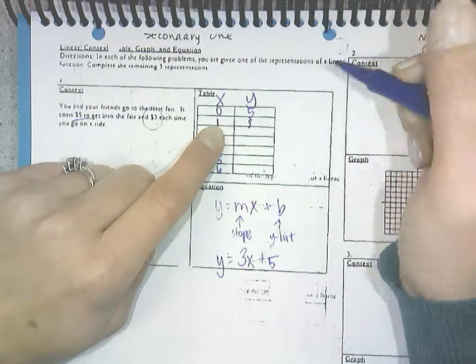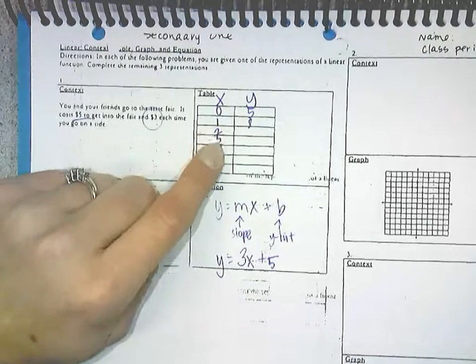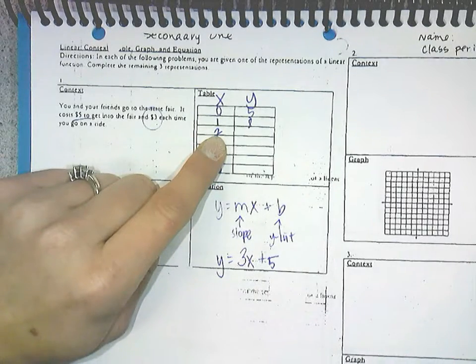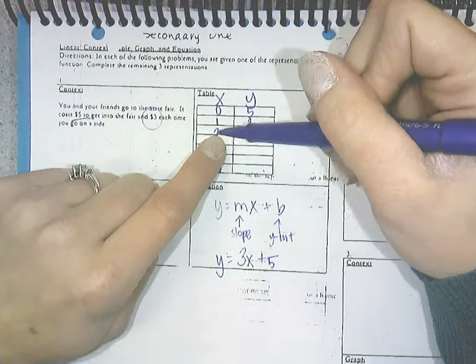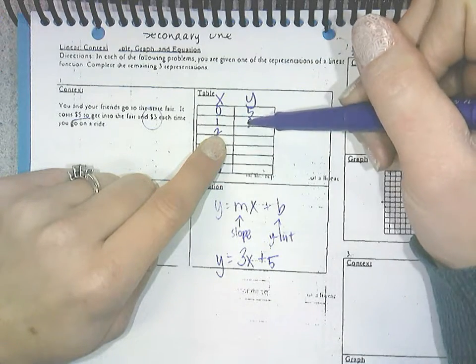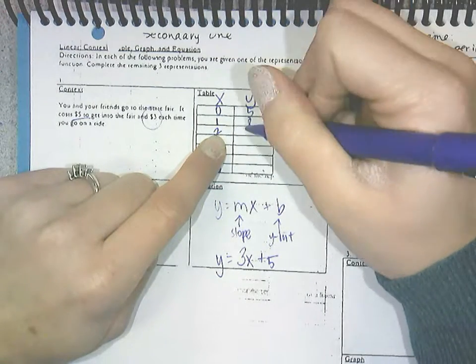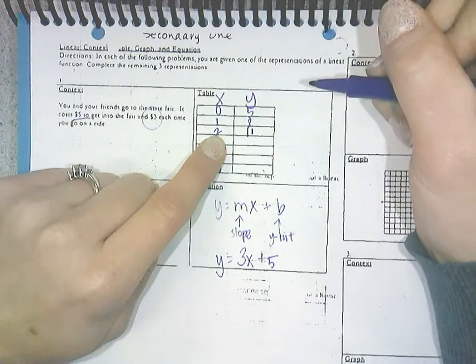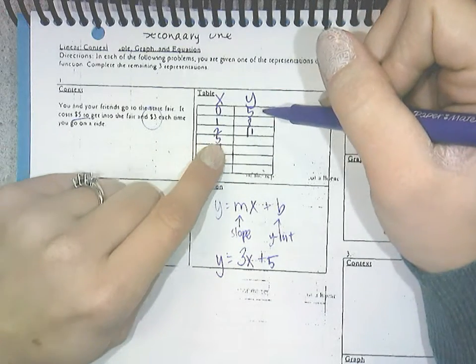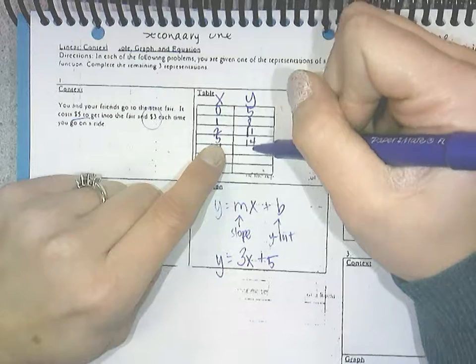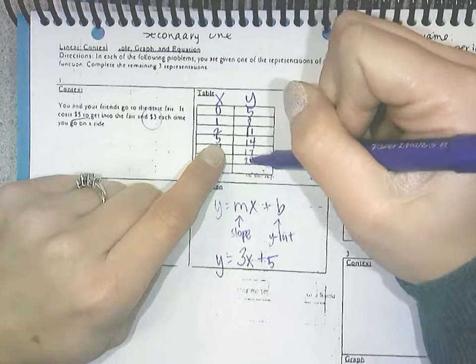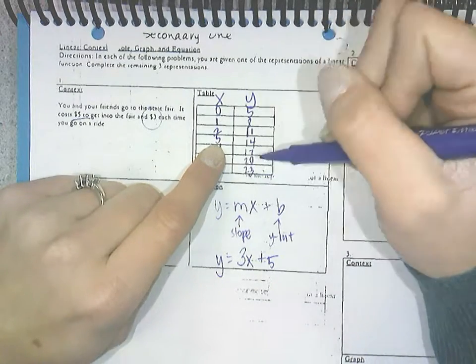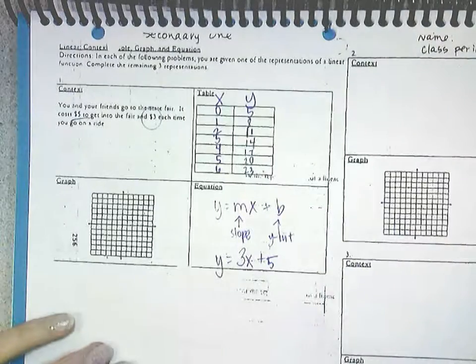So now I'm up to $8 that I've spent. Well, on this one, number 2, if I've gone on 2 rides, I have already spent $8 and I've spent an additional $3. So that puts me up at $11 because it's $3 per ride. Okay, so then we keep going and continue on our table. And once it's all done, then we can graph.